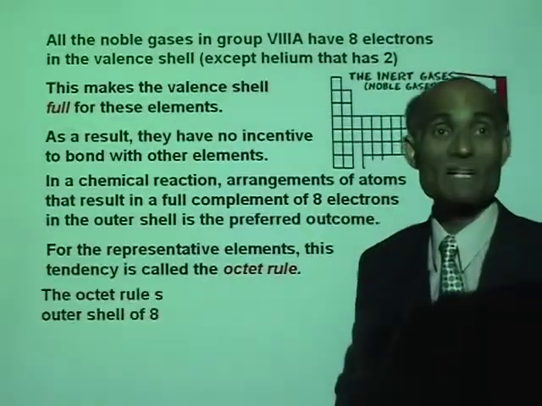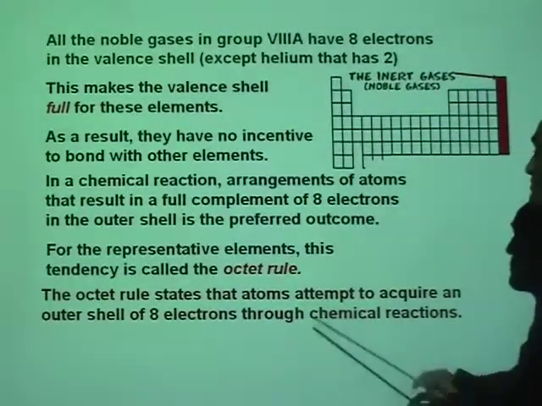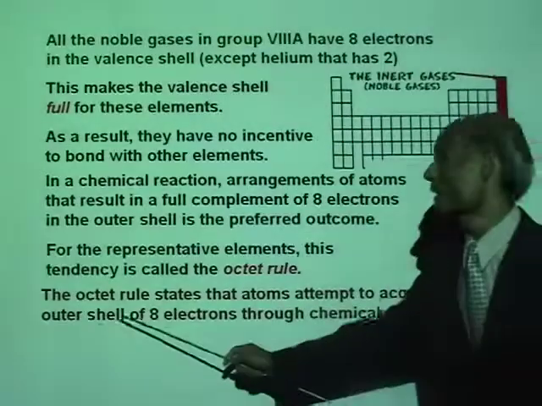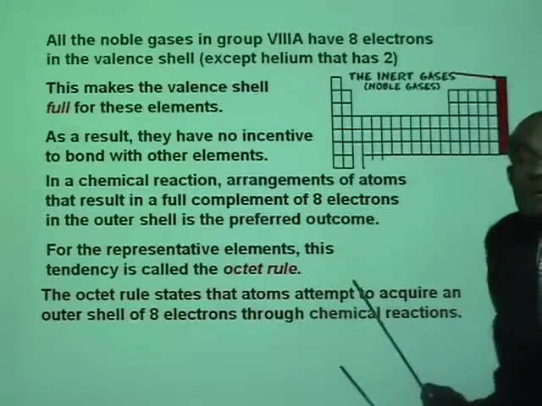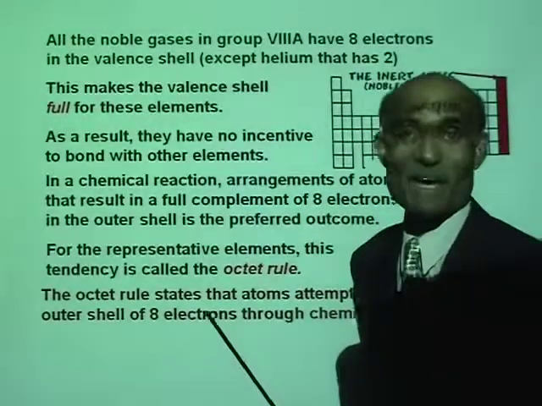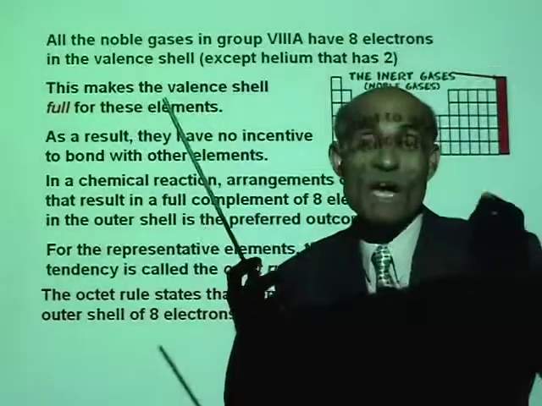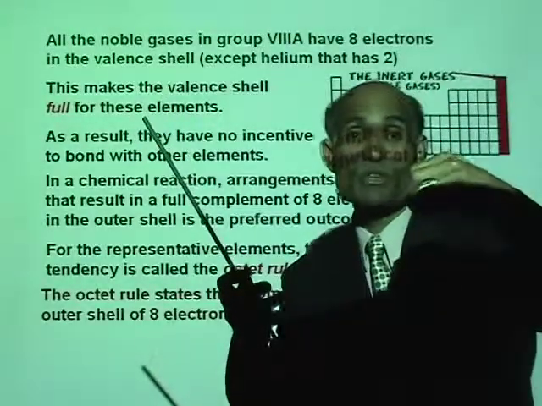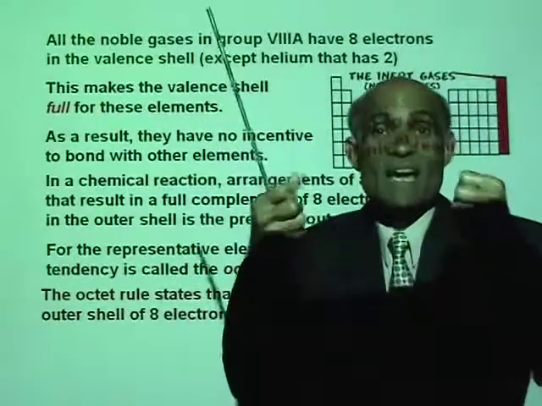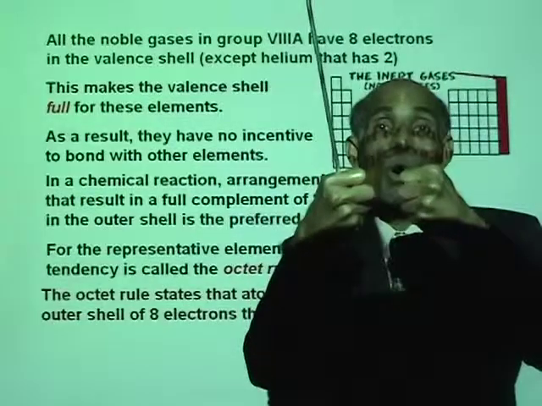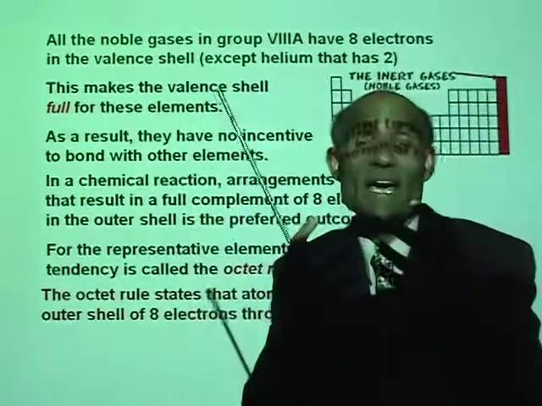And you must be familiar with that. The octet rule states that atoms attempt to acquire an outer shell of 8 electrons through chemical reactions. And the process of chemical reactions actually then involves either giving up electrons or gaining electrons or making an arrangement between 2 or more atoms so that electrons can be shared.